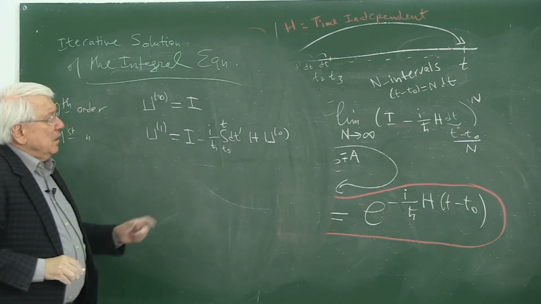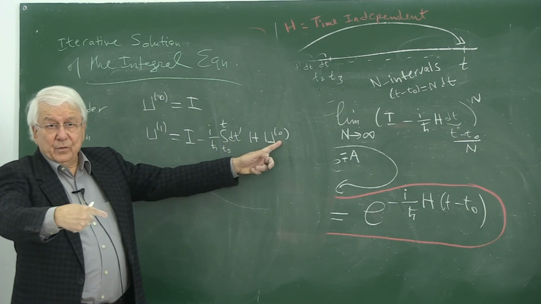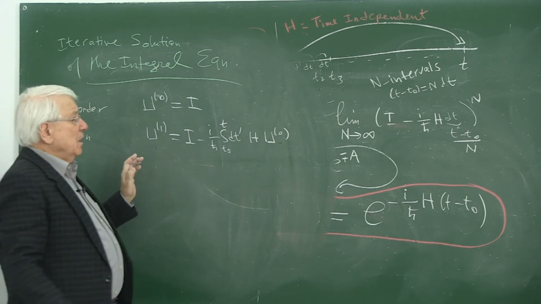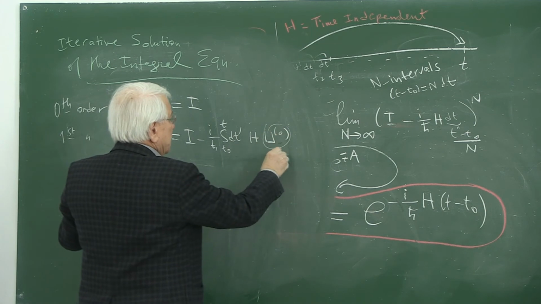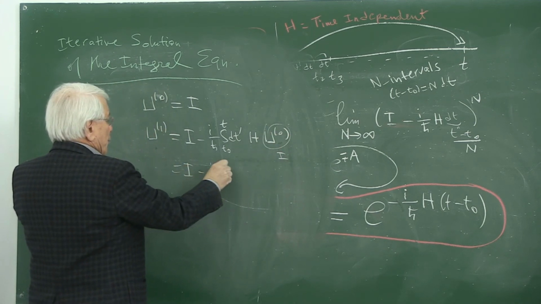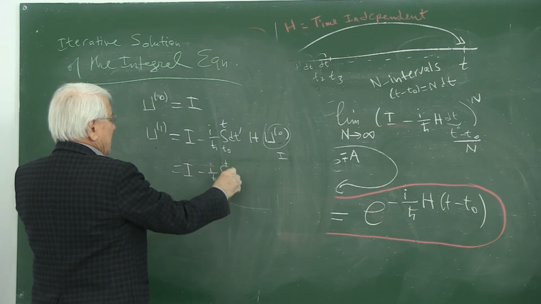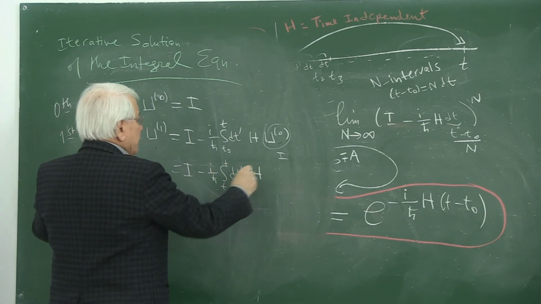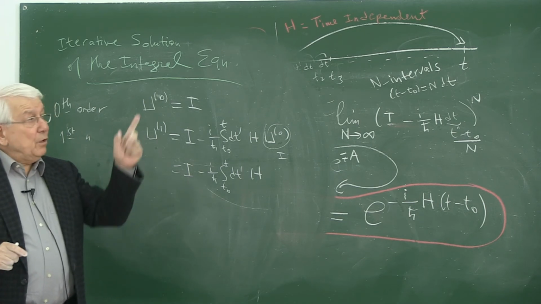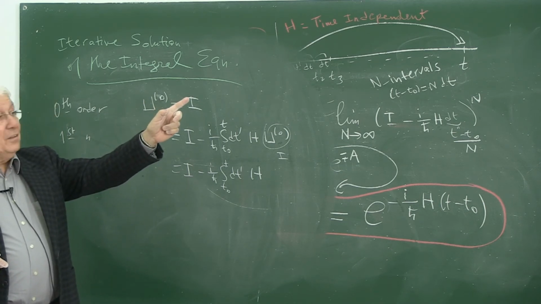I take the zeroth order, feed in the right-hand side to get the first order. What was the zeroth order? It's identity. So it is 1 minus i over ħ integral t0 to t dt prime H. I'm not moving it out. If it is time independent, I will move it out and reproduce that other result.